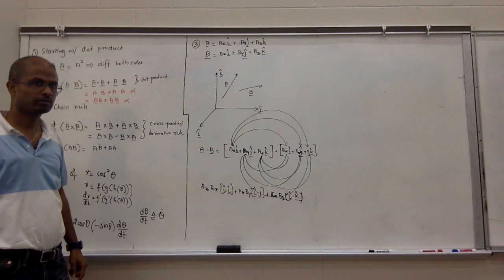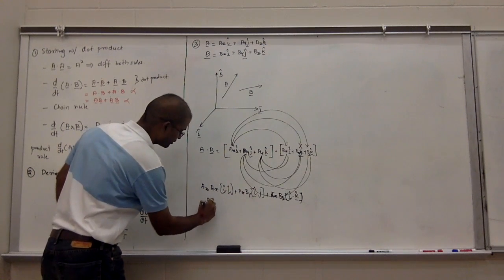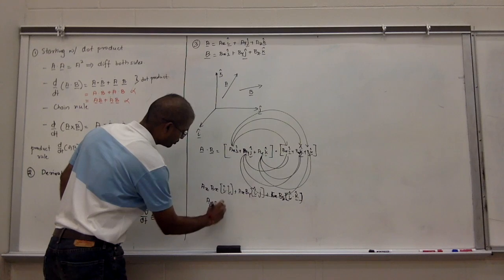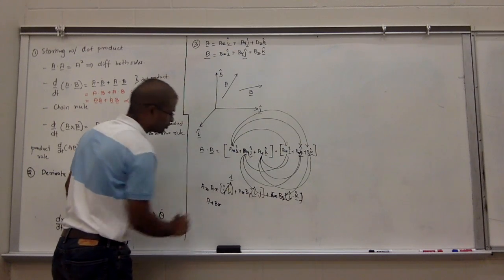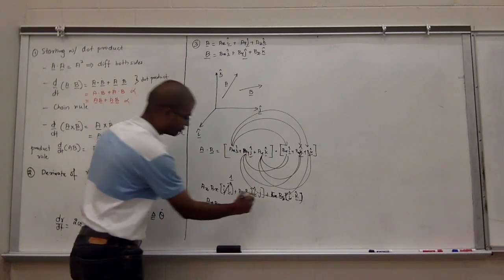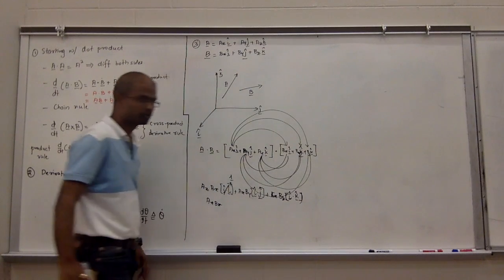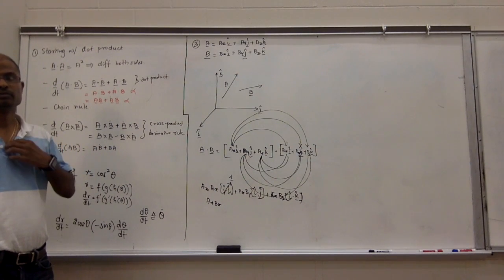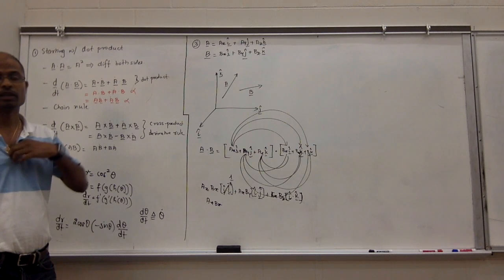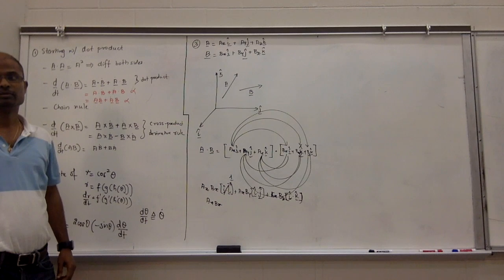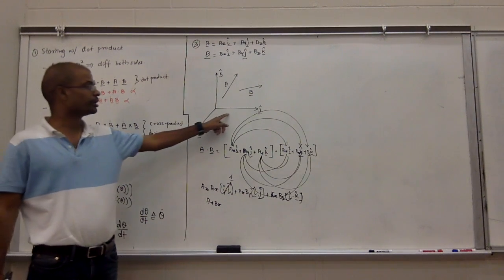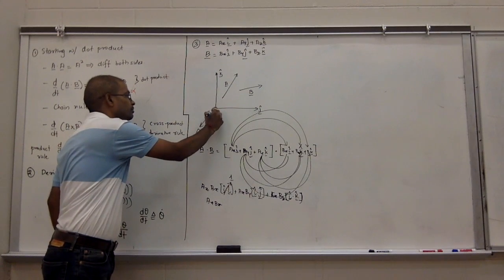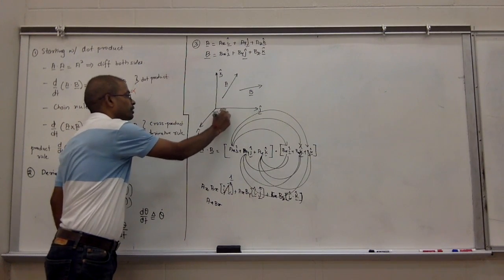Okay, so this is AX BX, and this is 1. What is this? 0. Why is it 0? Because it's orthogonal, and the cosine of a 90-degree angle is 0. The angle between I and J is 90 degrees, so this is 0.